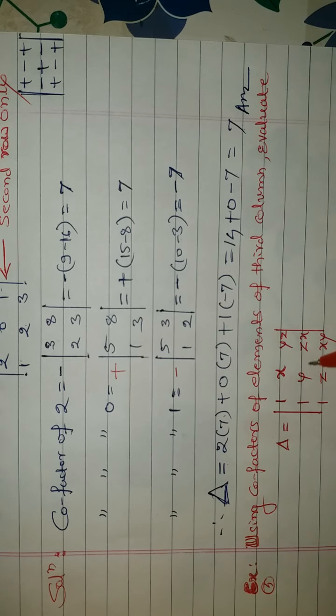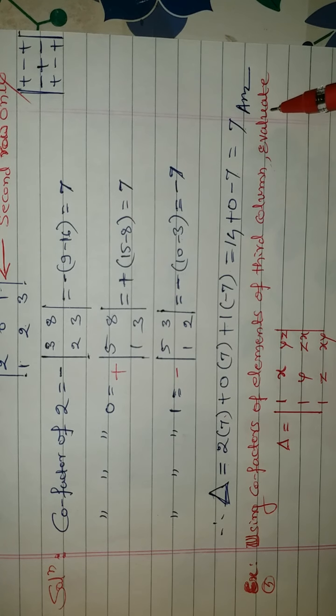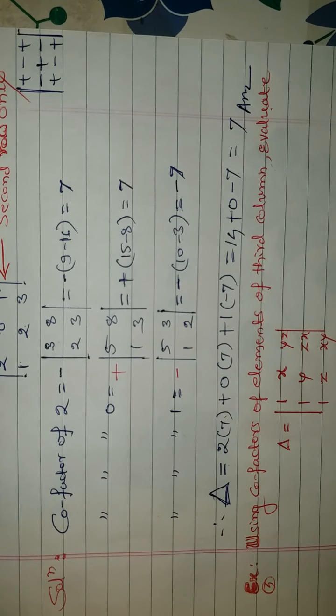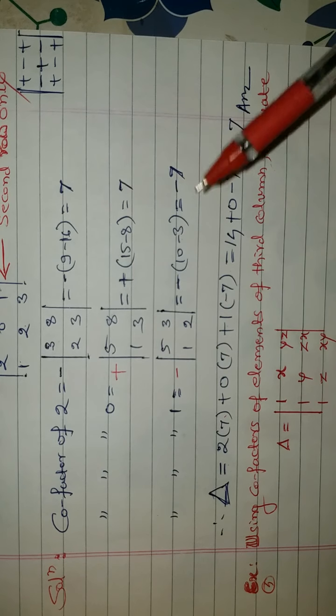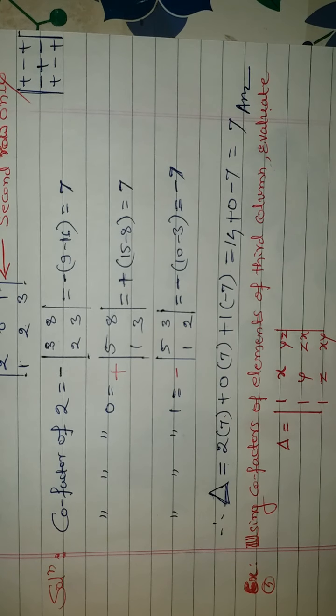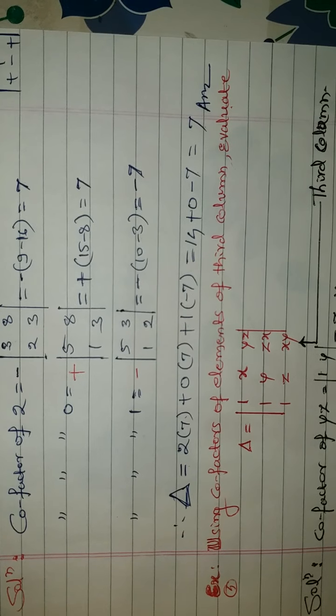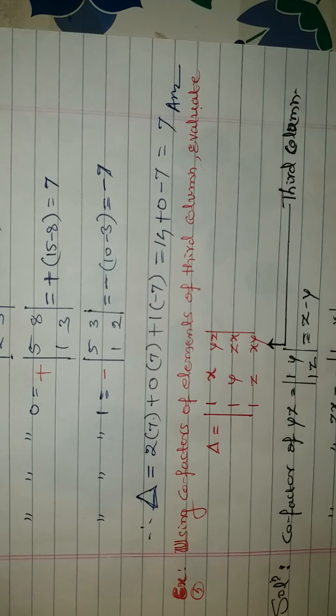Then, using the cofactors of the elements of the third column, evaluate delta. In the previous question, he required using the cofactors of the elements of the second row, but here he requires using the cofactors of the elements of the third column. Am I right here?